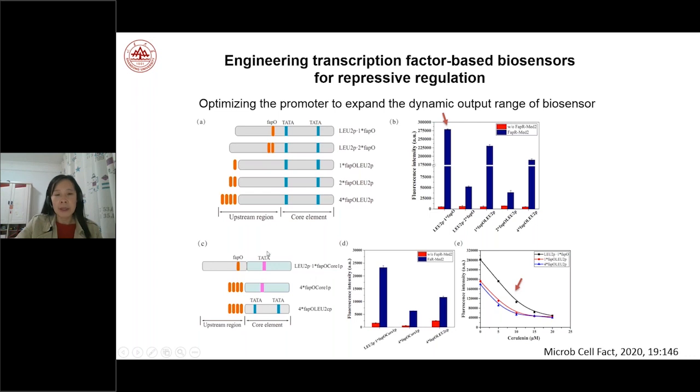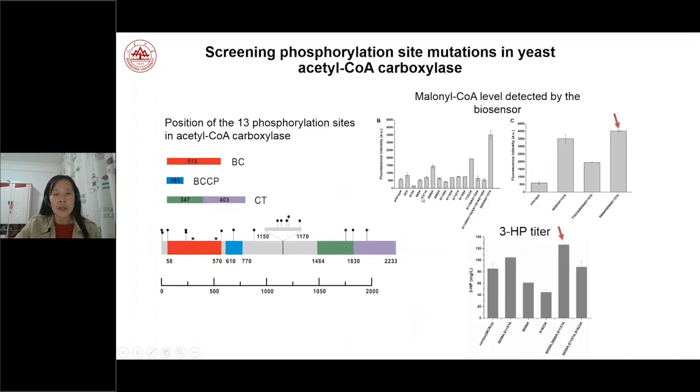For example, the minimal synthetic co-element, which was just developed several years ago. So using this kind of design principle, we have developed biosensors for both repressive regulation and activational regulation. Then we can use them for metabolic engineering screens.